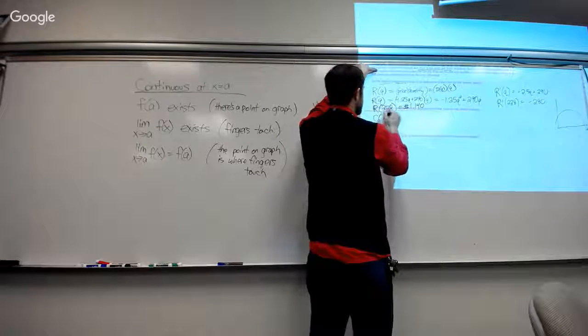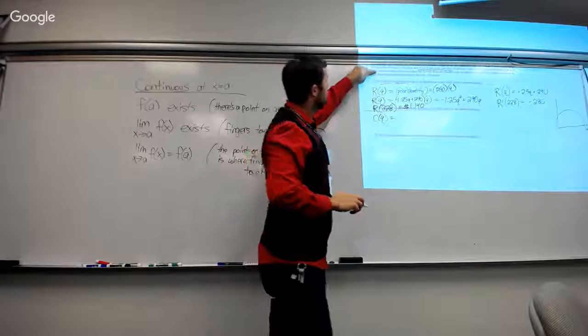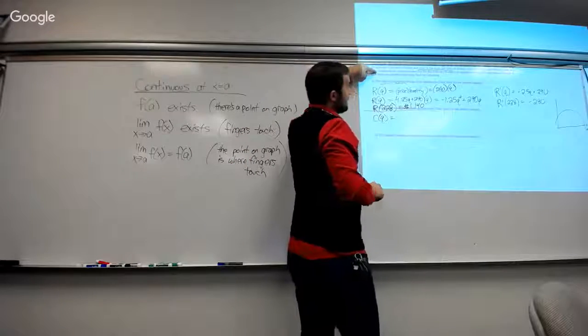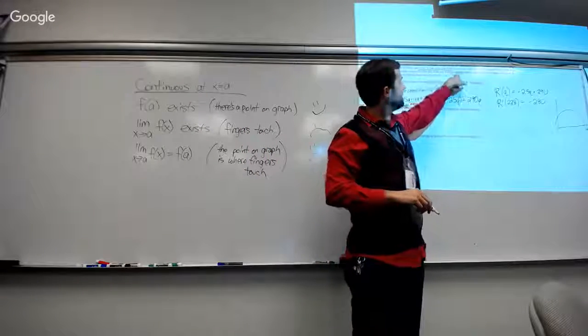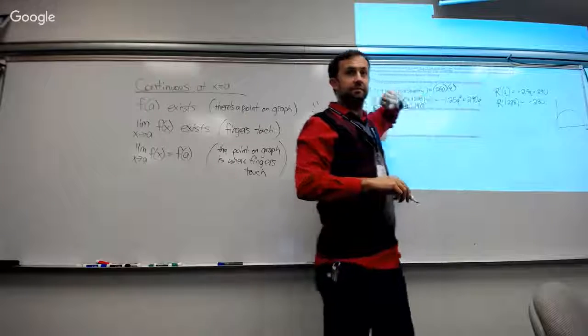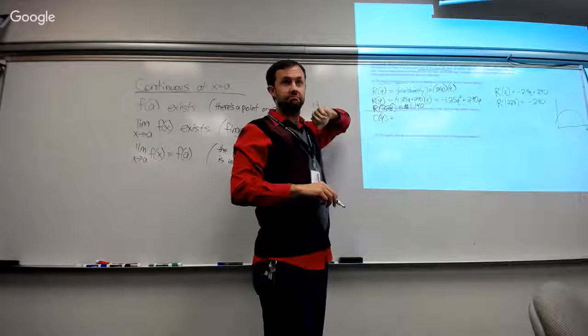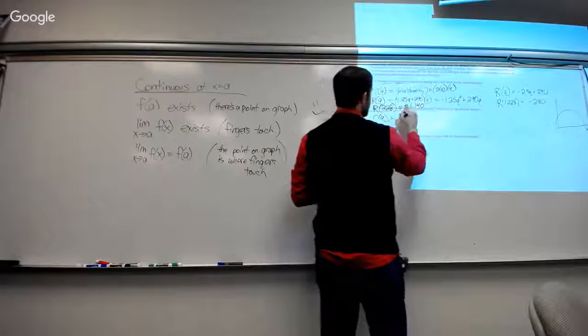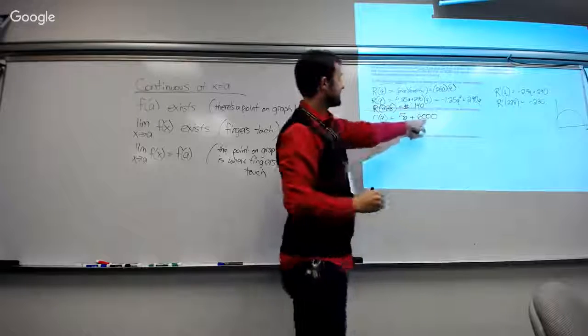C of Q. We're going to use Q again. What's our formula for cost? It's a fixed cost of $6,000 and a variable cost of $5. So what's our cost function? 5Q plus 6,000. That's the variable cost, and that's the fixed cost.